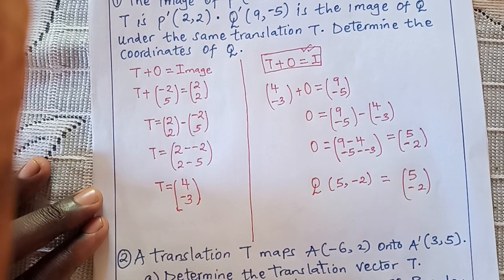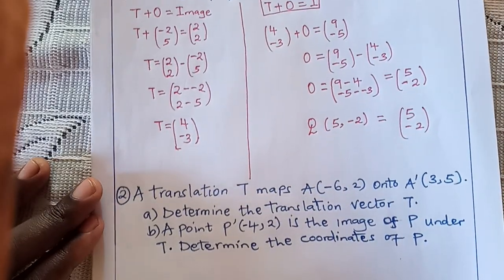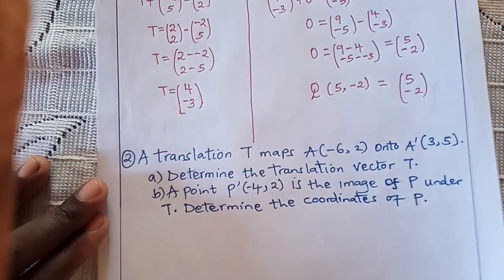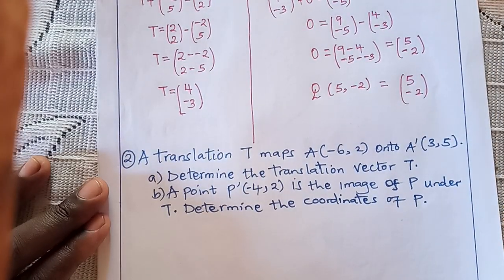Now, what about the second question? The second question reads: a translation T maps an object, that is A negative 6 comma 2, onto an image of its own, that is 3 comma 5.